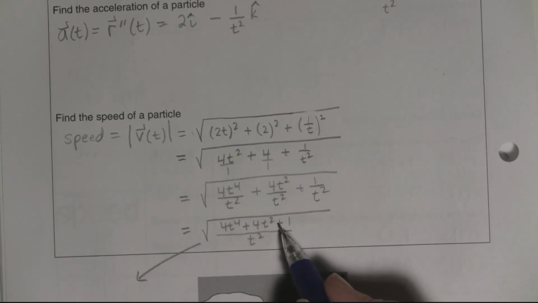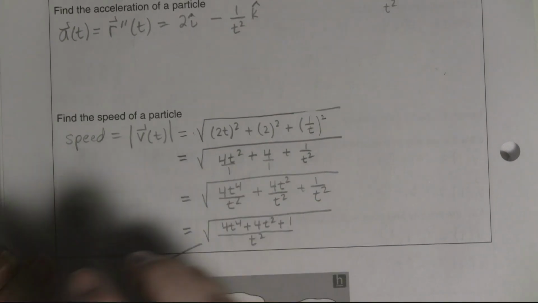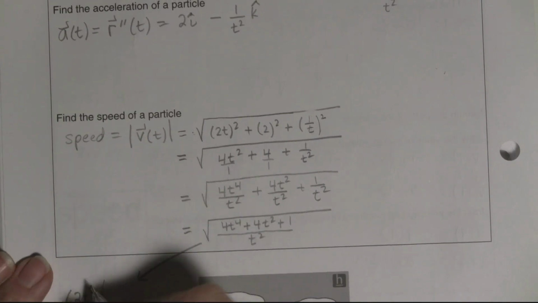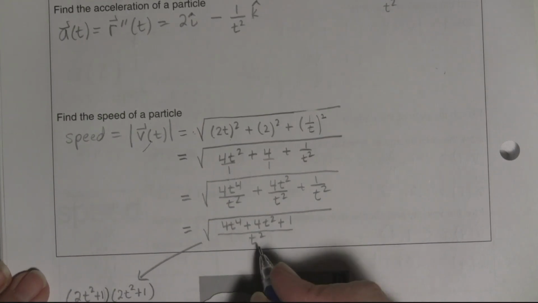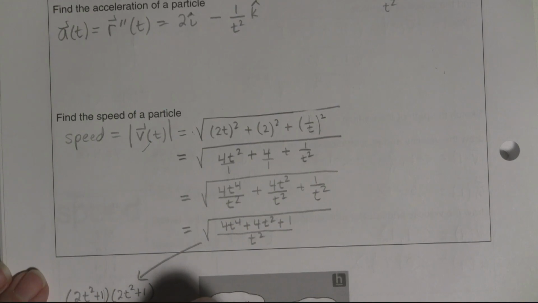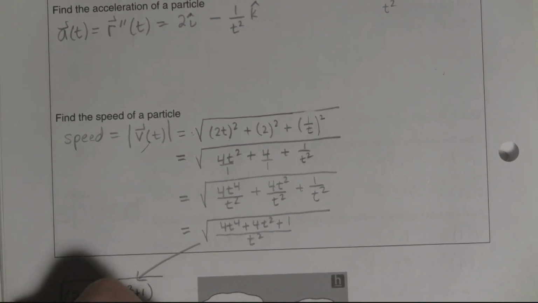I don't know if you recognize it, but this factors. And how it factors looks like this. 2t to the 2nd plus 1, it's a plus 1, times 2t to the 2nd plus 1, divided by t to the 2nd. And yes, this is still the square root. This is equal to the speed.